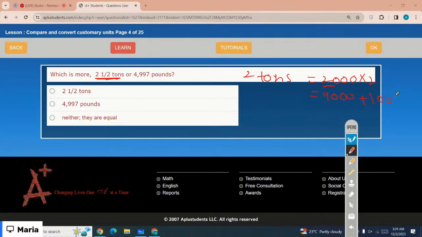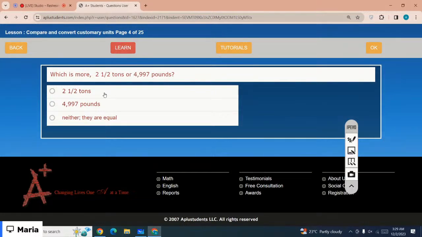So that means 2.5 tons equals 5,000 pounds. So obviously 5,000 pounds is more. The correct option is 2 whole 1 by 2 tons is more than 4,997 pounds.